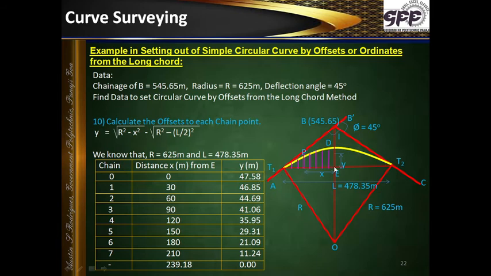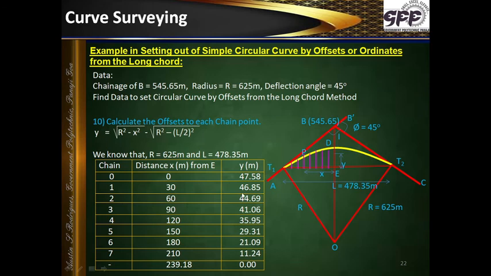When x is equal to one chain length, one chain is 30 meters. So at x equal to 30 meters, put x over here, get the value of y. Y comes to 46.85 meters. Then two chains long, x becomes equal to 60, 30 plus 30. Substituting 60 over here, I get y equal to 44.69 meters.